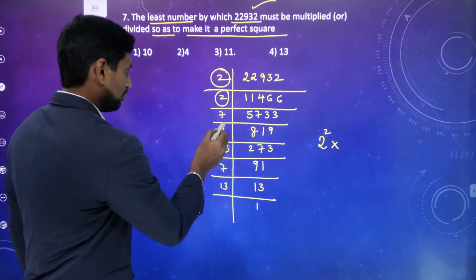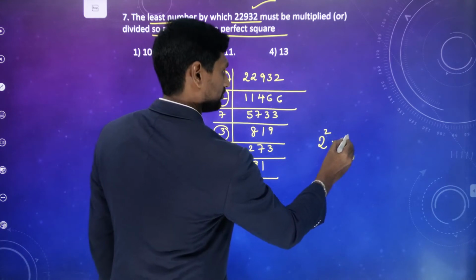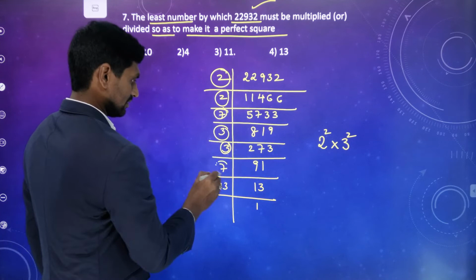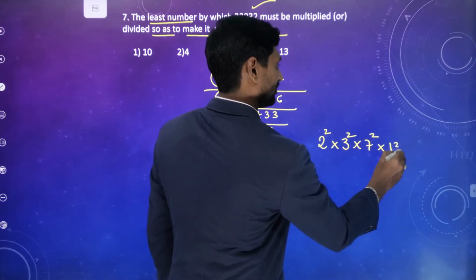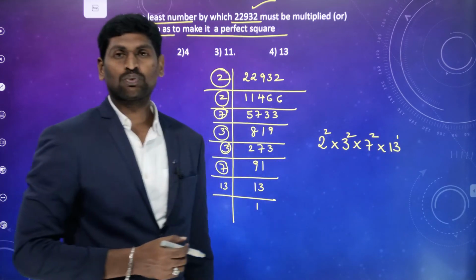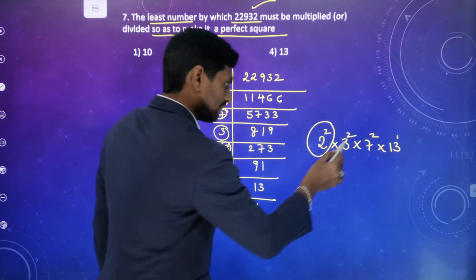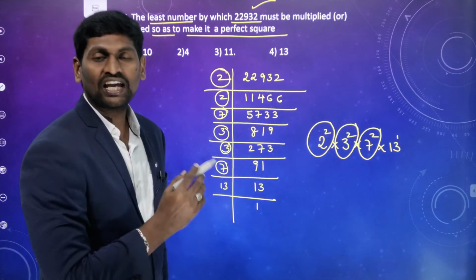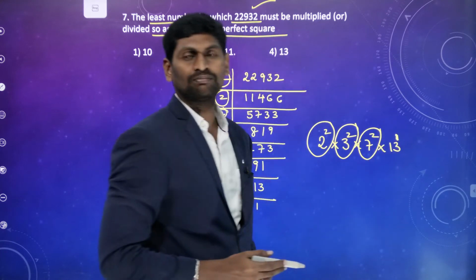Next, how many 3's? 3 is also 2. 7's? 2. And 13. Now you are observing that 2 square, 3 square, 7 square are completely squares, but 13 is power 1 only, not 13 power 2.